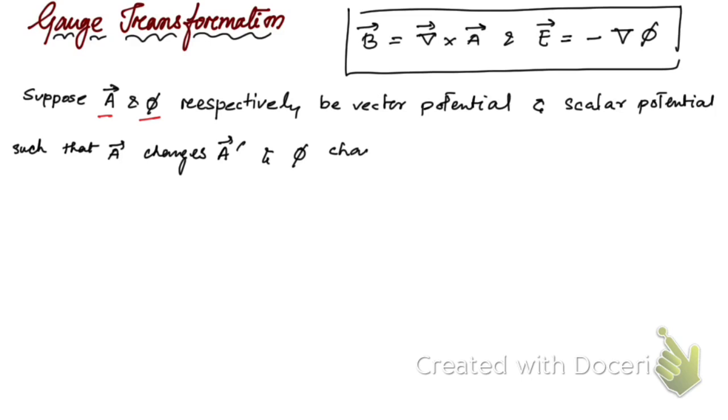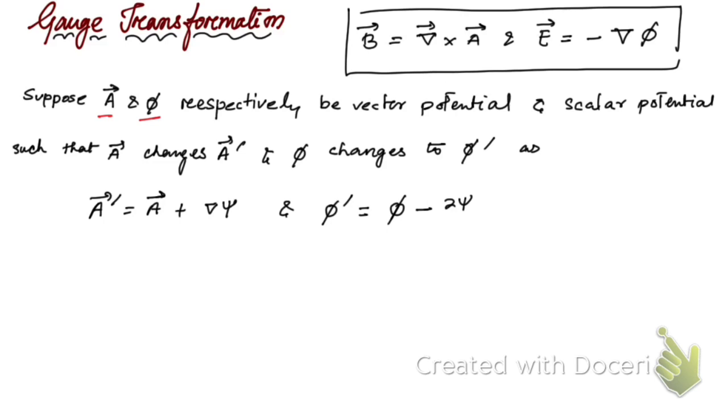A dash is equal to A vector plus gradient of psi. Similarly, the scalar potential phi dash can be related to phi minus del psi by del t.